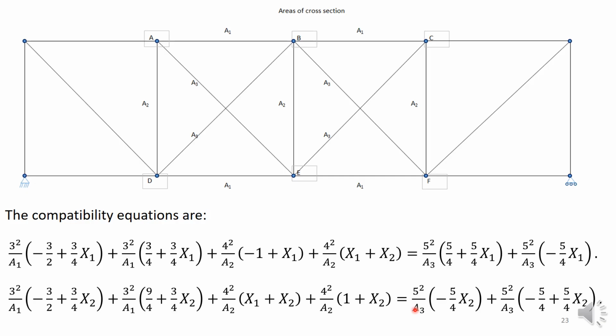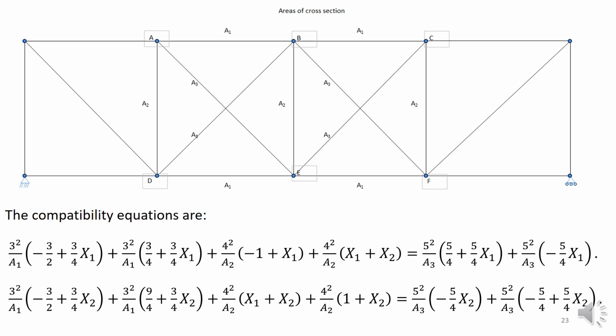And I times the corresponding coefficients, of course, together with the forces in the members. So I have two equations, and I also have two unknowns, x1 and x2. These are compatibility equations that can be solved, and which will give a unique set of values for x1 and x2.